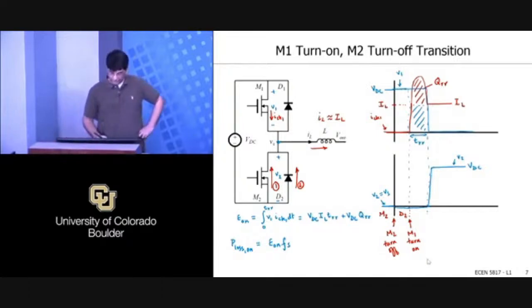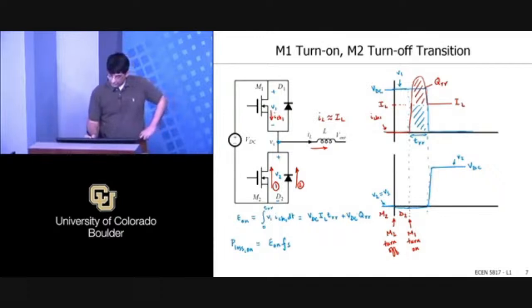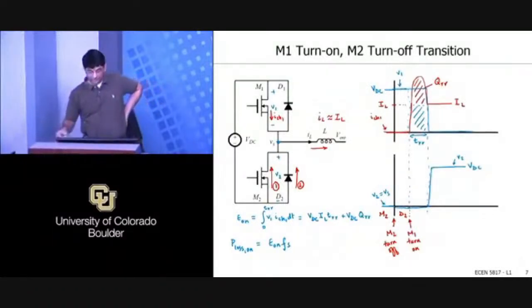The diode is essentially carrying current. We wanted to draw the diode current. Previously, the current was in M2, and the M2 current came down, but I'm not going to sketch that. The diode carried current equal to IL here, and then that current, sorry, that's actually not true, because the diode current actually went negative.